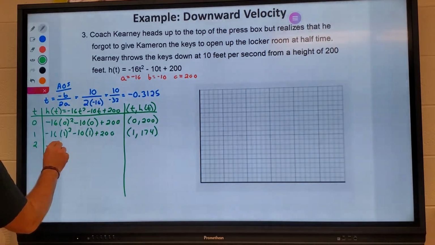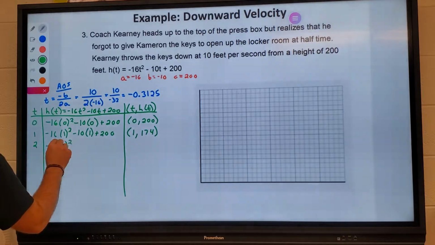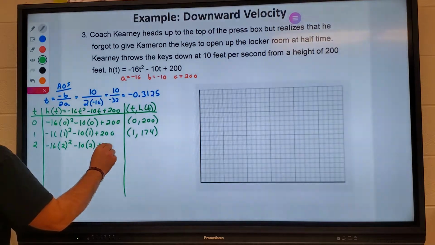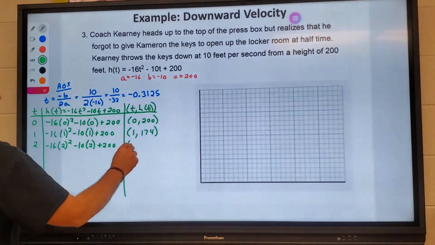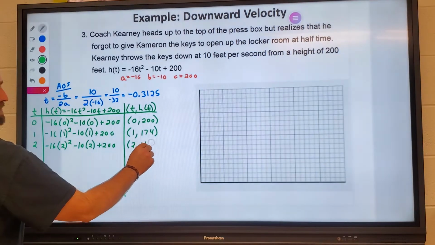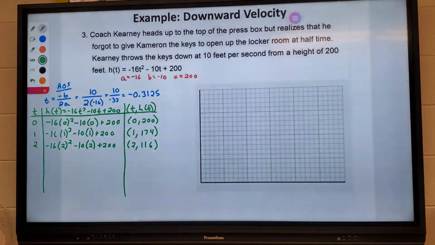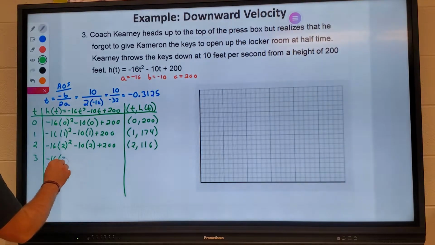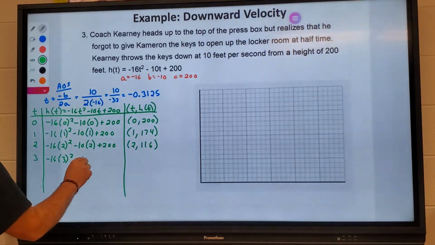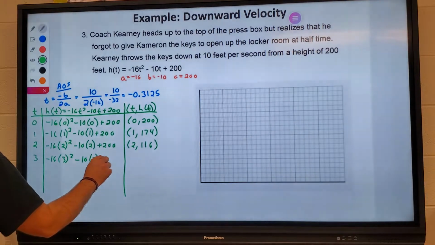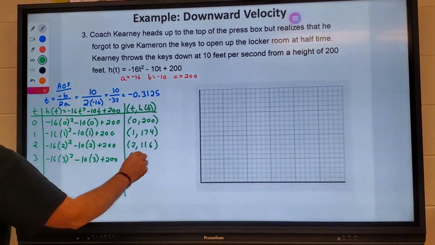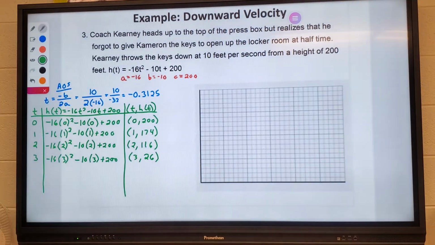I have negative 16 times 2 squared minus 10 times 2 plus 200. When you plug that in, work it out, you get 2 comma 116. Continuing to the next, 3, we get negative 16 times 3 squared minus 10 times 3 plus 200. And when you work that out, you get 3 comma 26.